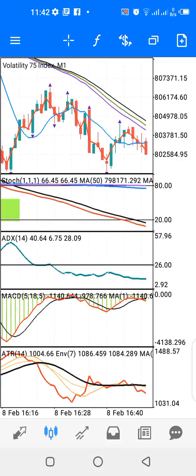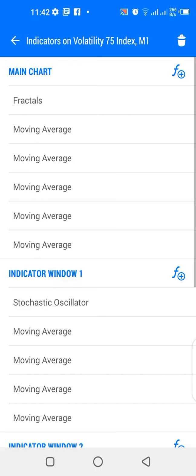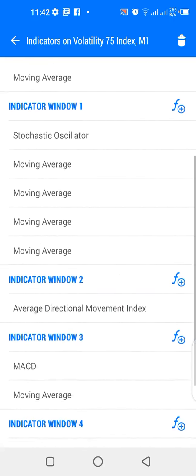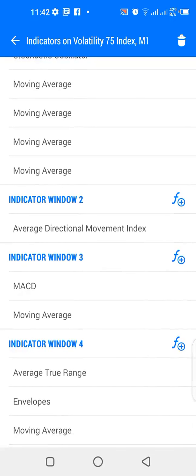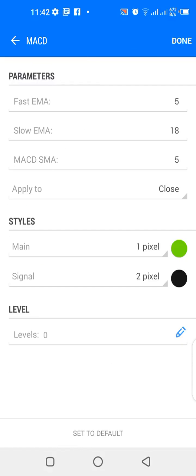Now let's go to indicator window 3. Let's look at the settings. We have MACD. Fast EMA is 5, slow EMA is 18. MACD SMA is 5. Apply to close. The main style color is green.